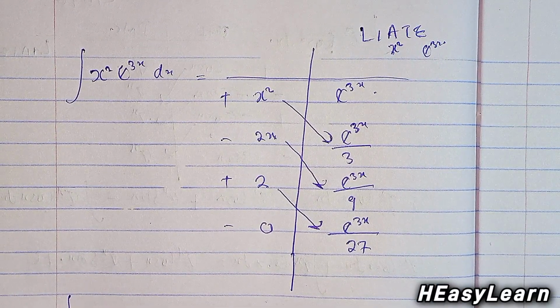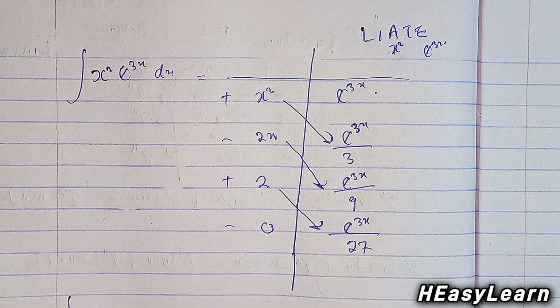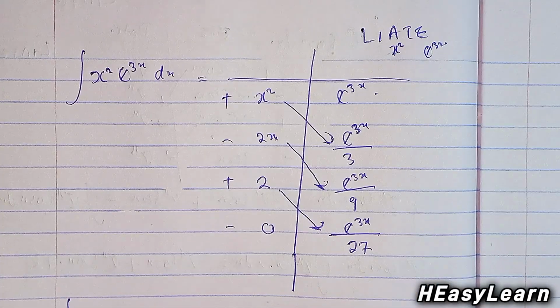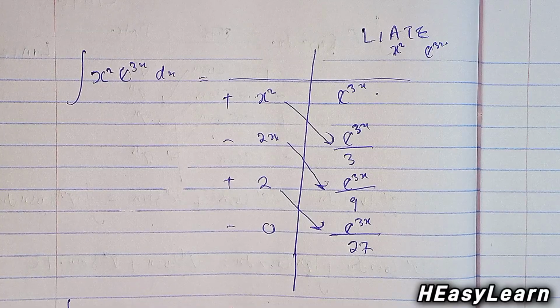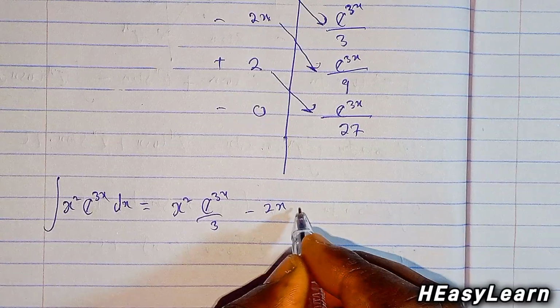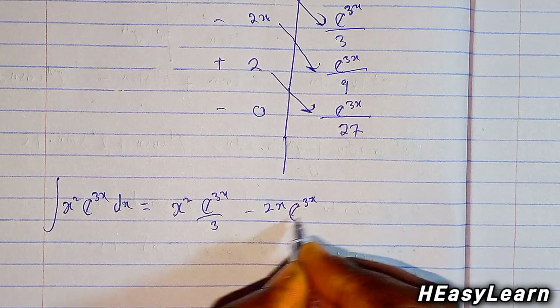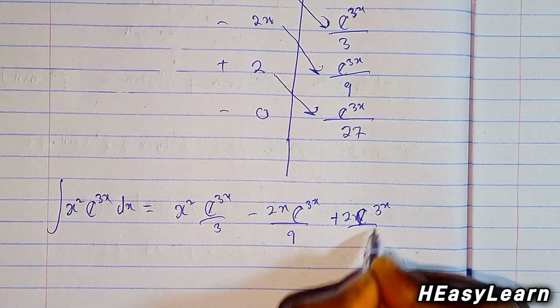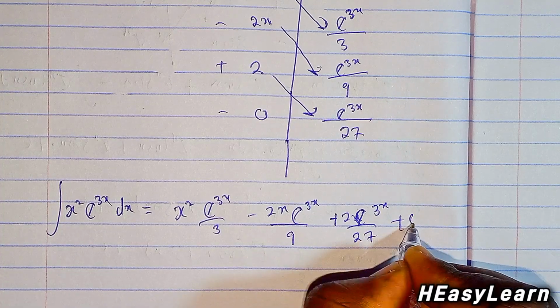So the integral of x squared exponential 3x dx is going to be, multiplied, x squared exponential 3x divided by 3, minus 2x exponential 3x divided by 9, plus 2 exponential 3x divided by 27, plus c.